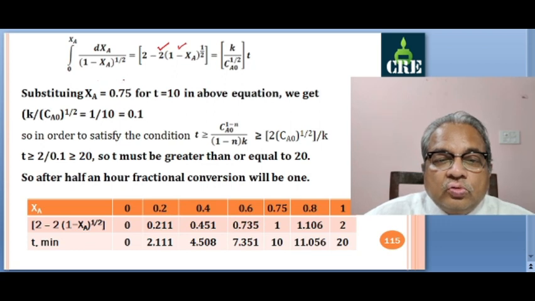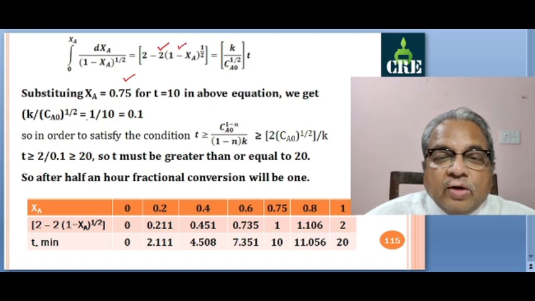So in 10 minutes the conversion is 75%. So here k by C_A0 raised to half, if you substitute this, X_A is equal to 0.75 here, and solve, that will be transferred on this side.